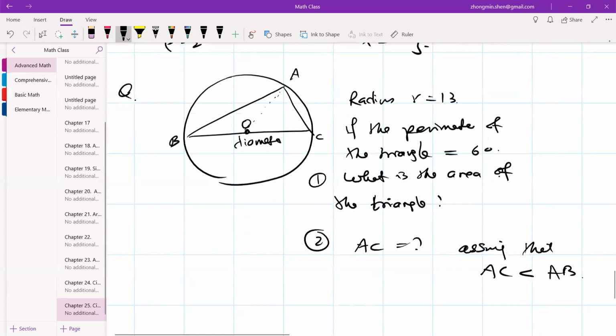Oh, Edward gave me the answer already. 120. Kellen got 120. Can you find the AC? The second question.